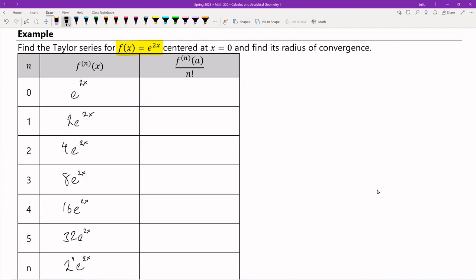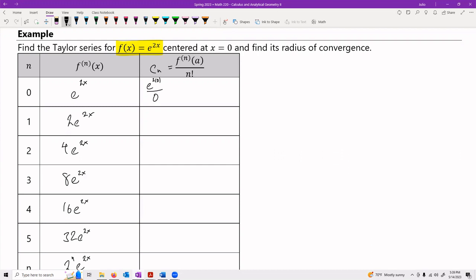Now I want to go ahead and find the coefficients. These are supposed to be our c sub n's. For this, we just need to plug in our value 0 into each one of these derivatives and divide by n factorial, and we're good to go. So this is going to be e to the 2 times 0 over 0 factorial. 0 factorial is 1.